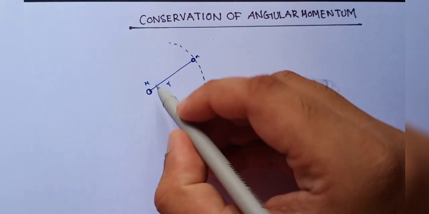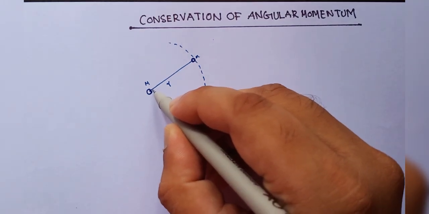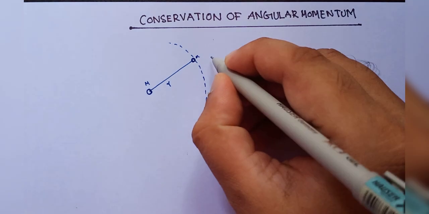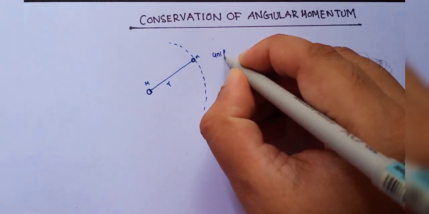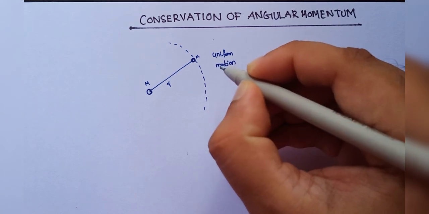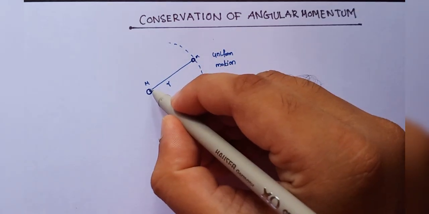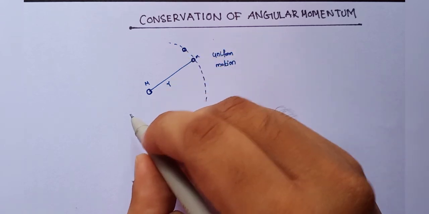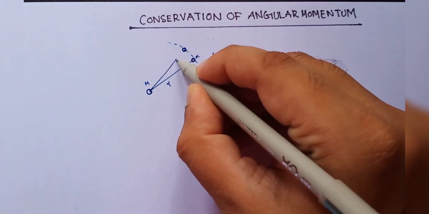Now let us understand we have a uniform path along which they are separated, so it exhibits a uniform motion. The first assumption is we go with a uniform motion. Now let's say this is traveling to the next position. Let's say this is our next position, and now you draw a line like this.